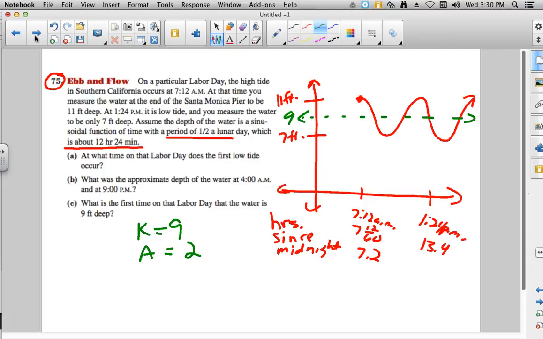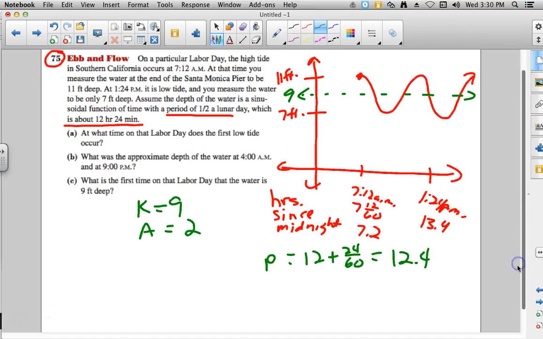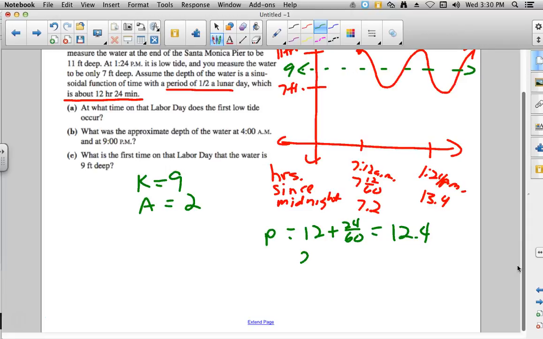Now, the period information they gave us was that it is 12 hours and 24 minutes. Well, we're going to have to convert that. So we'll take 12 plus 24/60ths to get that in hours, and that would give us 12.4. So now let's work backwards and find B. 2 pi over the absolute value of B will equal 12.4.